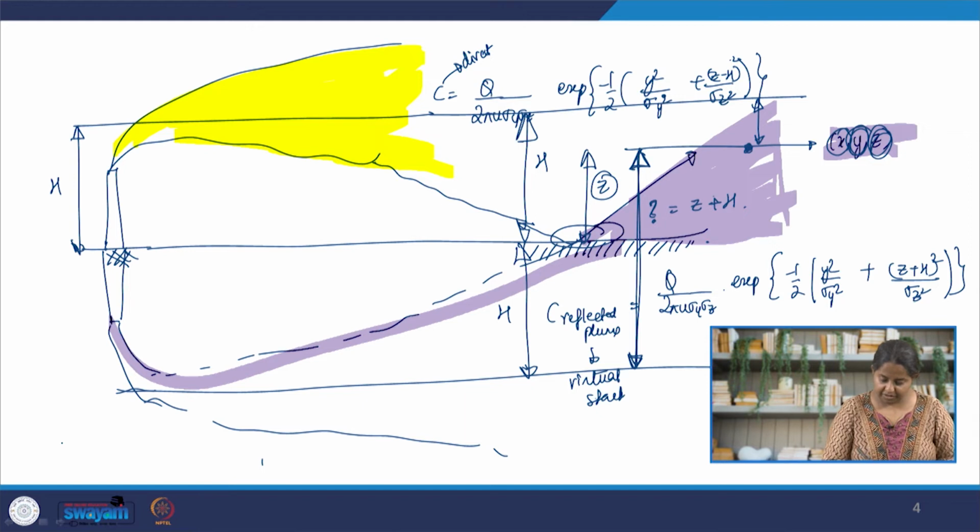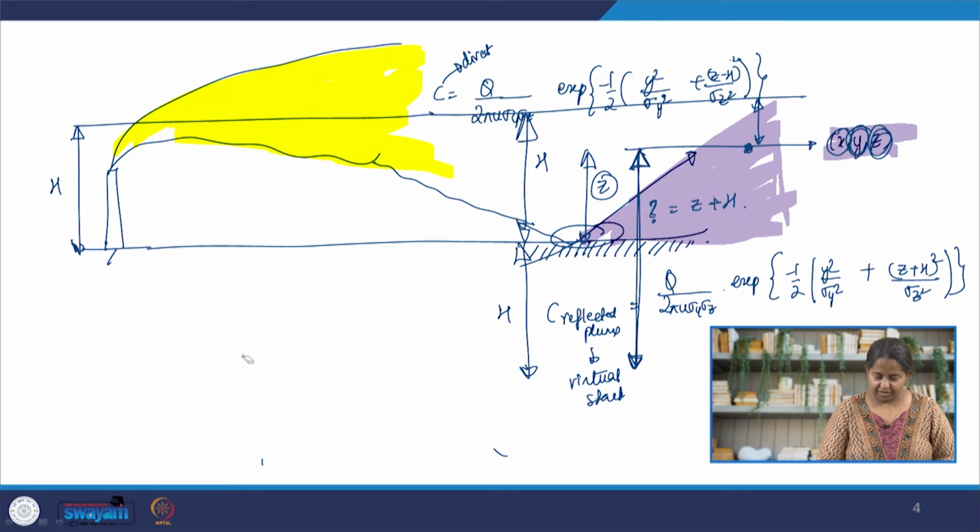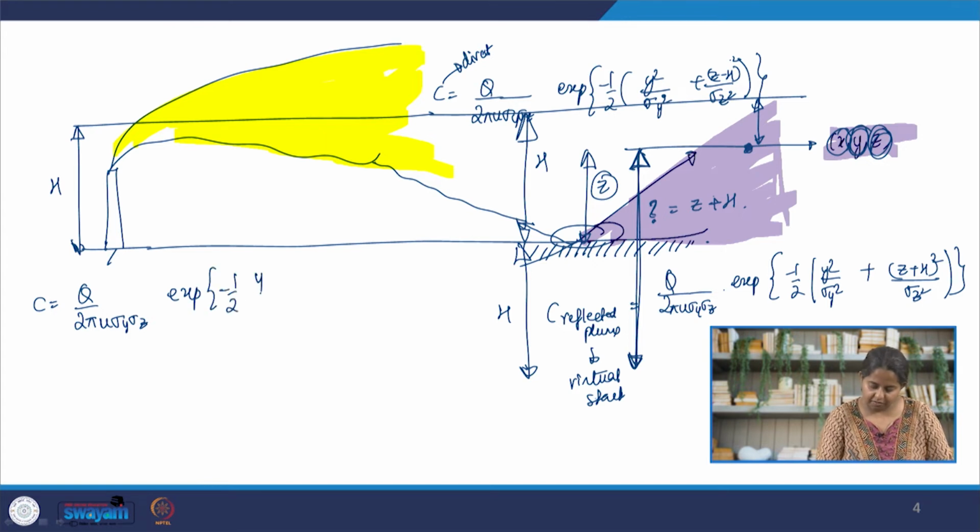So now the summation, okay, I need to clear many things up. So let us remove the diagram. The virtual plume I have removed, but the reflection is still there for you to notice. So now we have C is equal to, we need to add these two terms, Q by 2 pi u sigma y sigma z e to the power minus half y square by sigma y square, which is exactly the same for both.